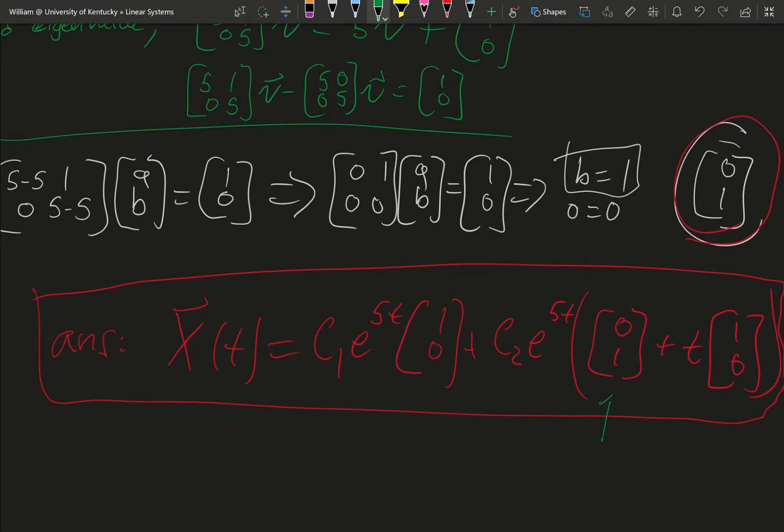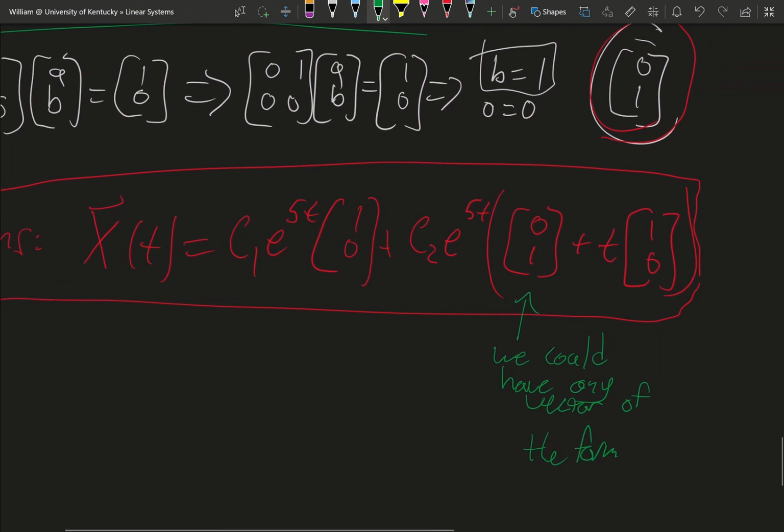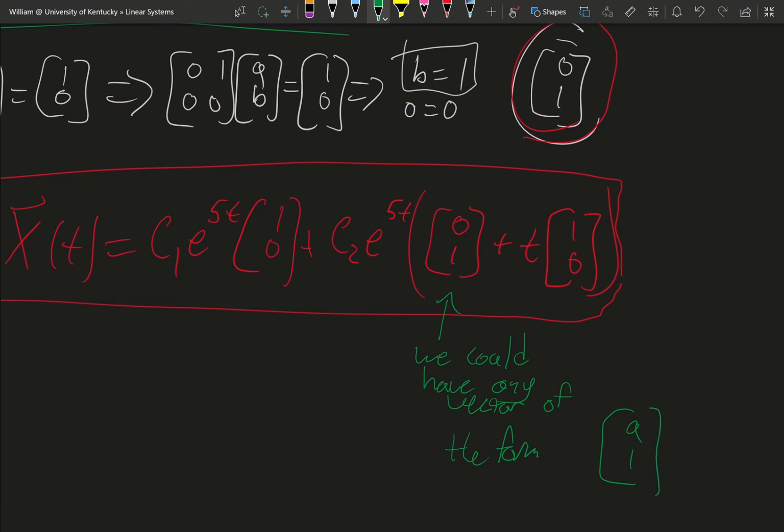So one thing I'll note, and I'll point this out again later. In this case, it could be replaced with any vector of the form, let's say, (a, 1). Where this a comes from is pretty clear from solving the equation, but in general, you can't just scale this and get the same answer like the eigenvector.